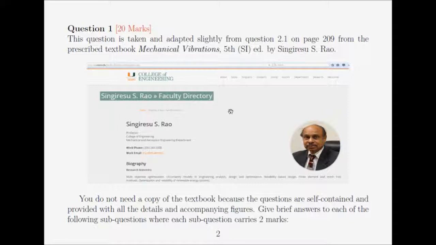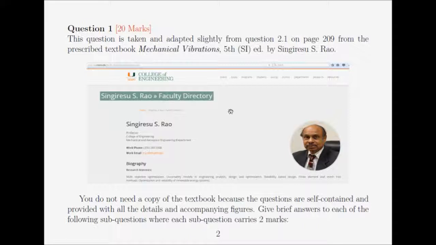The first question is taken from the prescribed textbook, Mechanical Vibrations. You can either use the Mechanical Vibrations book by Rao, or the Hannah and Stevens book, whichever one you have. The official textbook is mainly for vibrations, written by Professor Rao from the College of Engineering at the University of Miami.